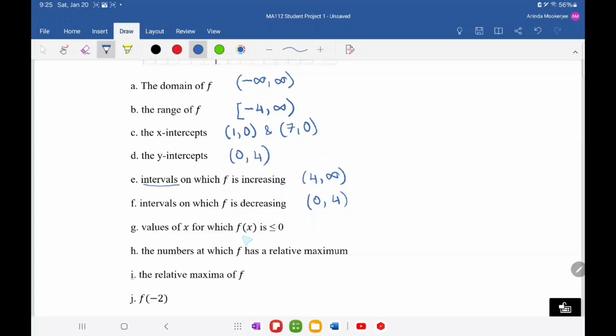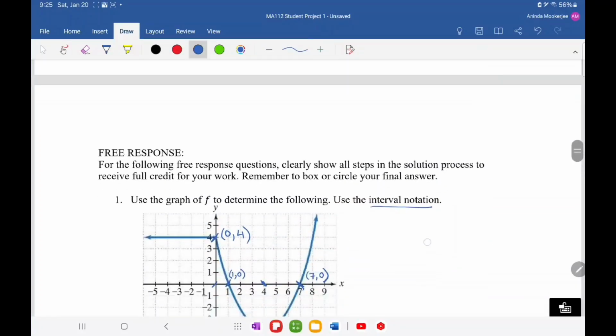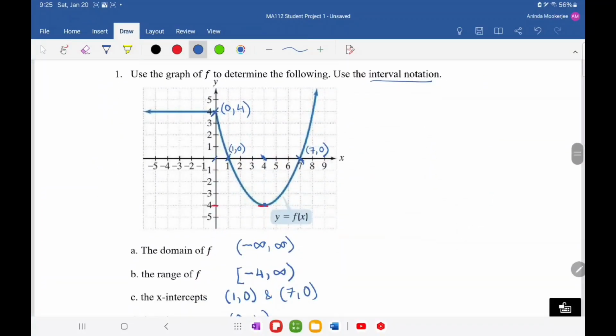Values of x for which f of x is less than or equal to 0. Right? So what does that mean? That means values of x where the y value is 0 or less than 0. So let's look at the graph here. We're looking for the y values. Remember, f of x and y are used interchangeably.